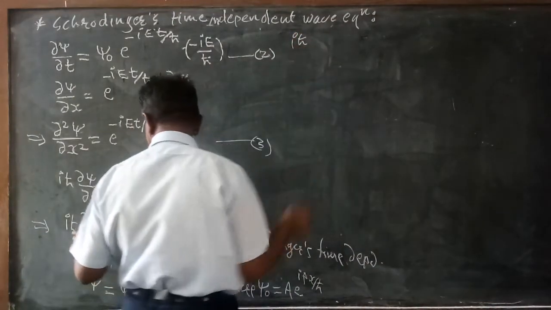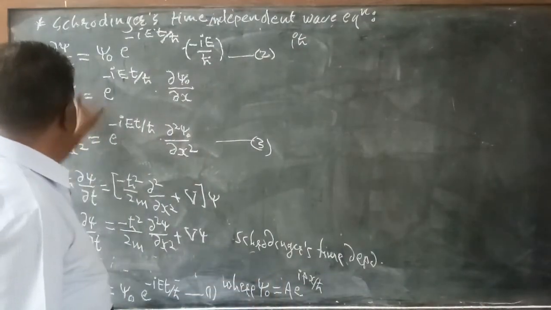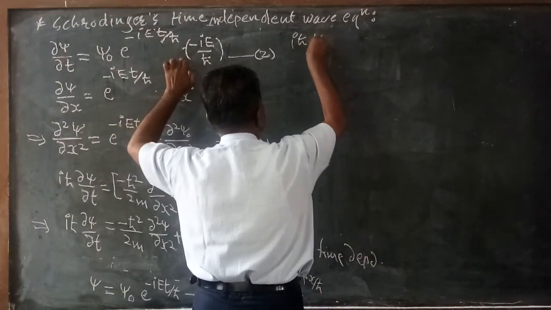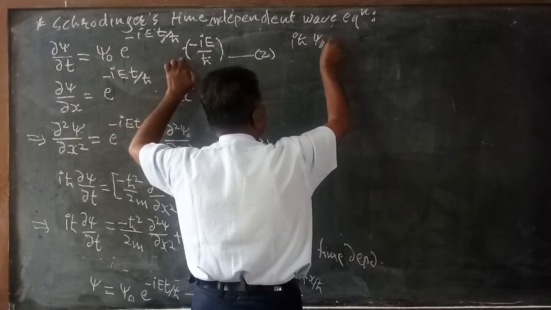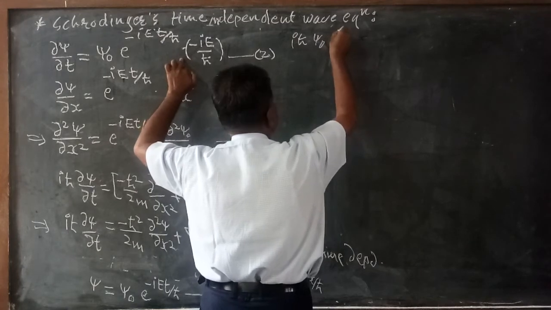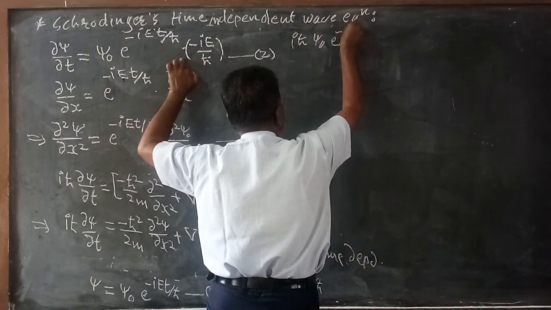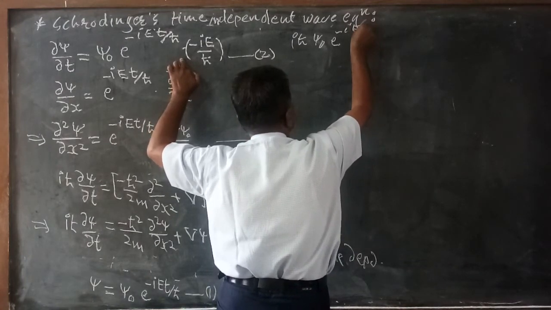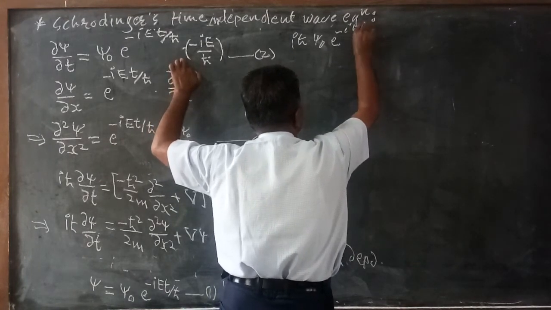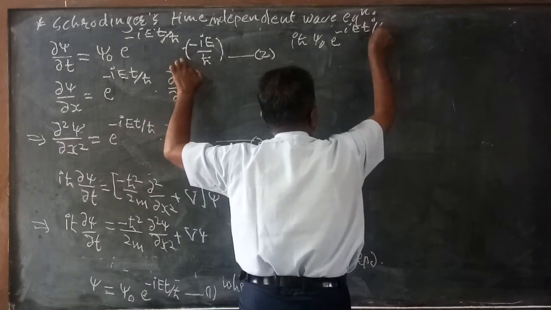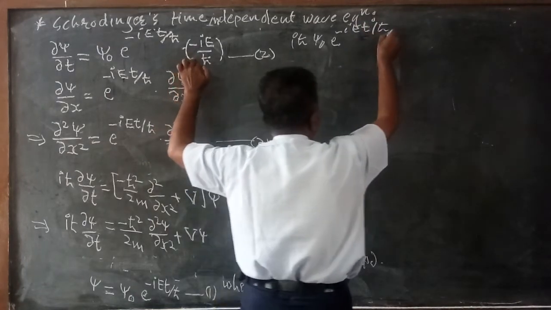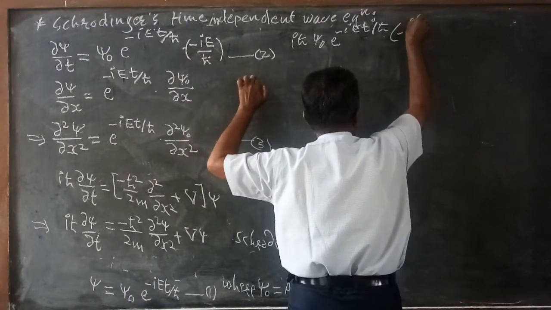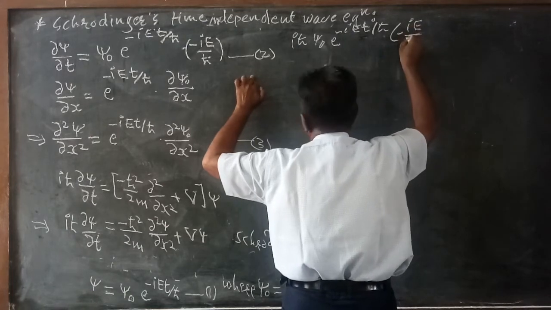Instead of d psi by dt, we will take now this term, psi 0 e to the power minus iEt divided by h cut, into minus iE divided by h cut.